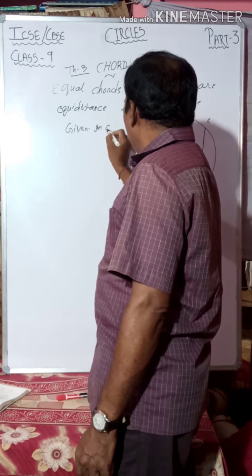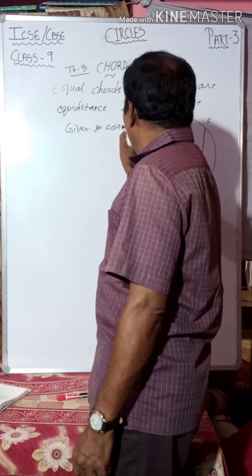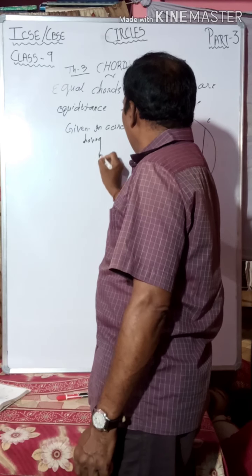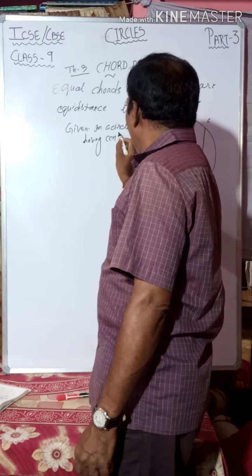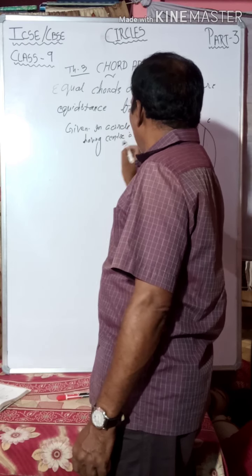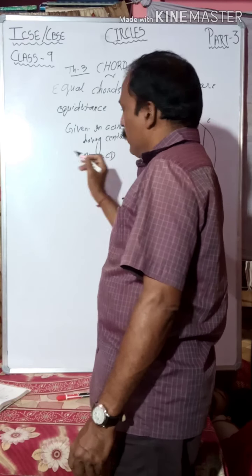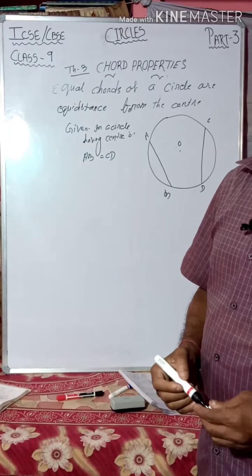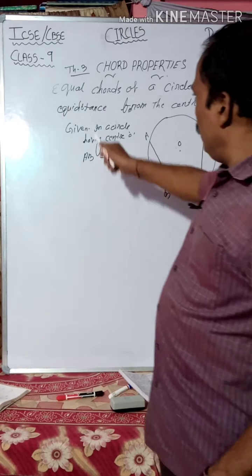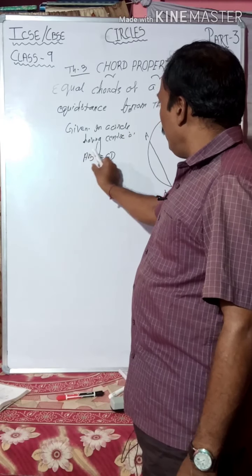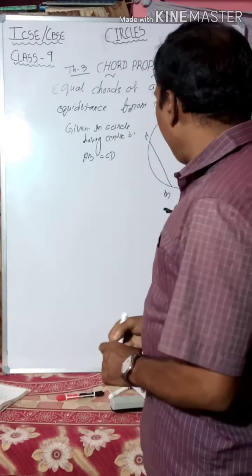In a circle having center O, AB is equal to CD. Equal chords of a circle, AB chord is equal to CD chord, have equal distance.